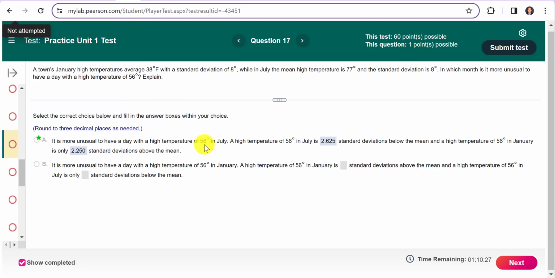So we got 56 compared to 38, and 56 compared to 77. The fact that it has the same standard deviation makes it a little bit of a no-brainer. Essentially, it's which one's further away from 56. But I'm going to do this as if we'd had different standard deviations, because I think that would be a more interesting problem that they would give you. So I just want to get that 38 and 77. So let's look at that.